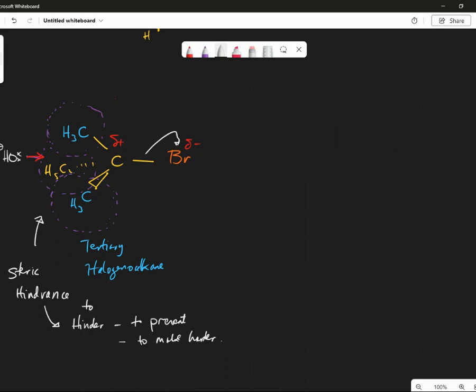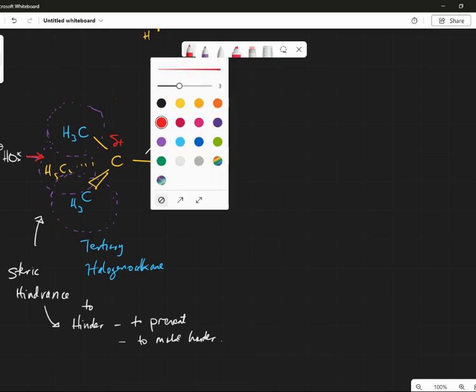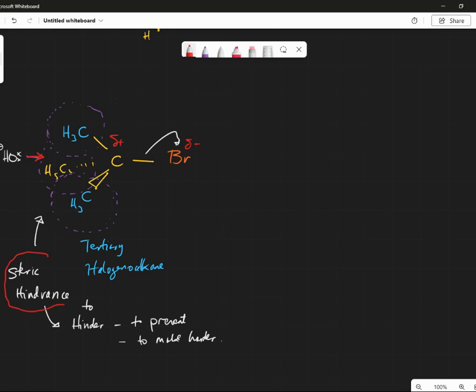So if there's someone in a doorway, they are hindering you from getting in. Does that make sense? So in chemistry, when things get in the way, it's known as steric hindrance. So that means, unfortunately, that the OH can't get in. So for tertiary halogenoalkanes, the mechanism cannot be SN2.